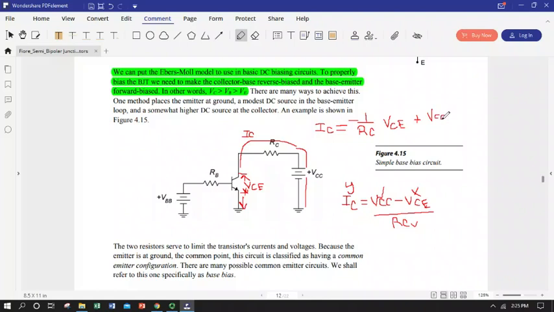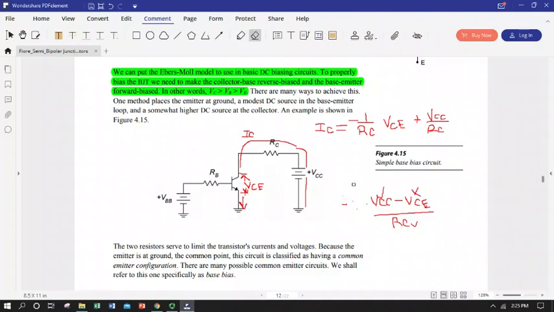I applied Kirchhoff's voltage law to the collector emitter path. I got an expression and then I rearranged it. R sub C. So I'll erase this part.